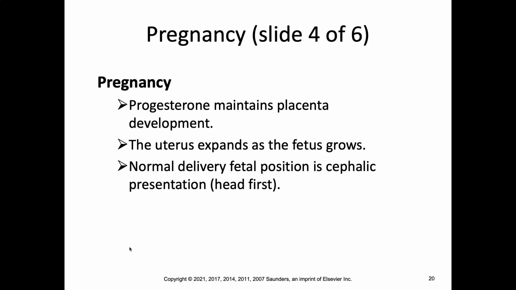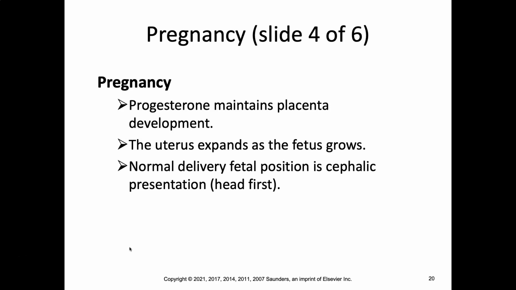But most women are fine, and their normal level of progesterone spikes enough to maintain that development. But every now and again, there is some need for supplementation, and there are tablets and injections that can do that.